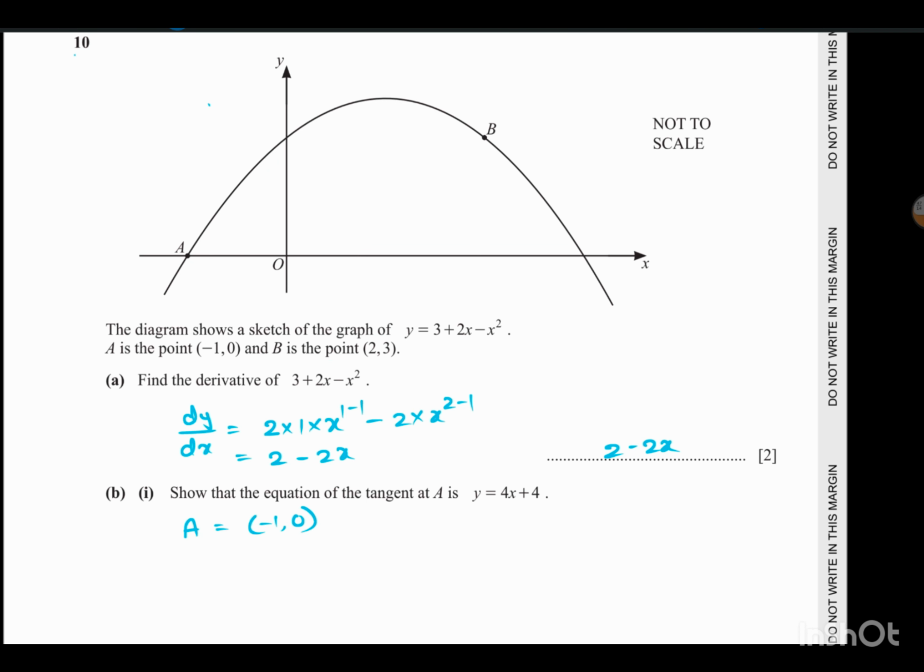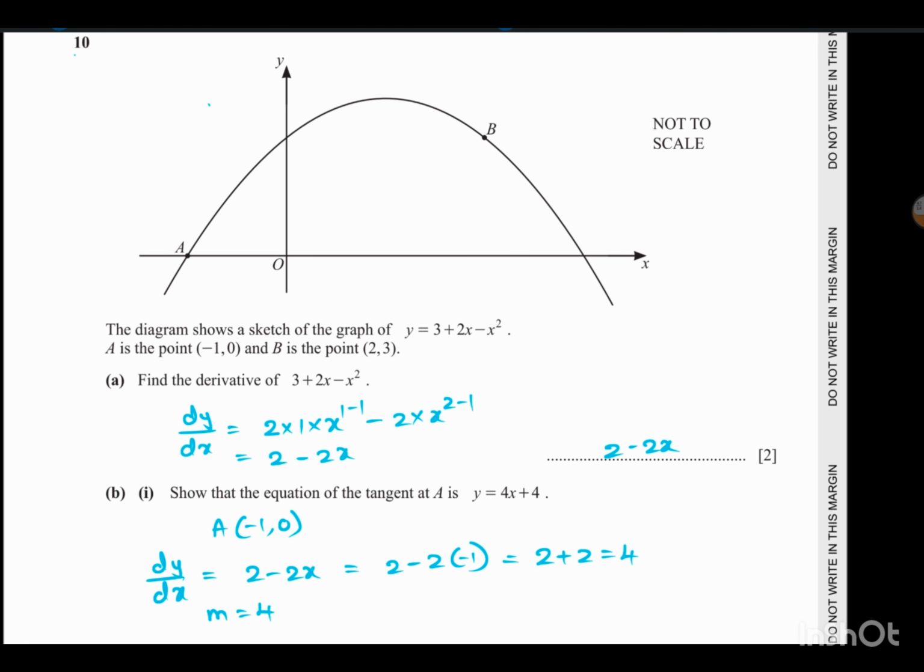These are the coordinates of A. Now substitute that in dy by dx, that is 2 minus 2x, that is equal to 2 minus 2 into minus 1, the x value in it, you will get 2 plus 2, which is 4. So therefore m is 4, the gradient is 4.